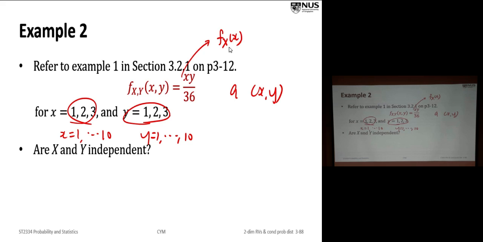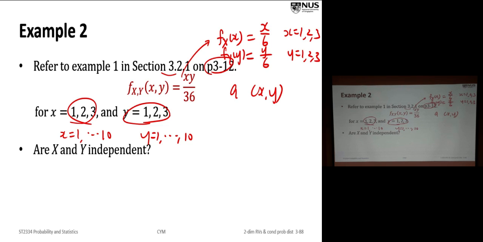I think we have done this before. So this one turned out to be x over 6. And f of y, you referred back to this example, I think on page 312. So it's y over 6 for x equal to 1, 2, 3, and for y equal to 1, 2, 3, and 0 otherwise. So in other words, now I try to do it in a general way.